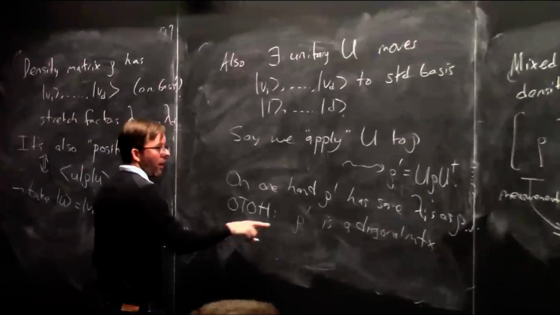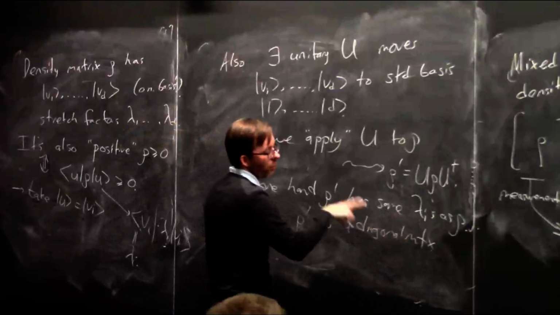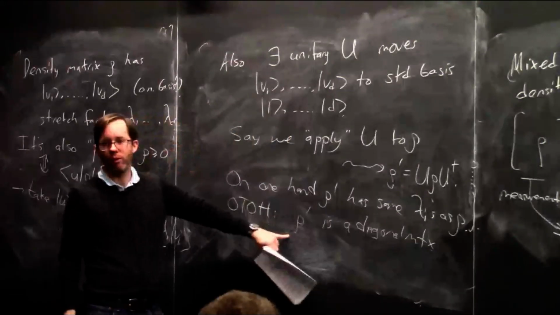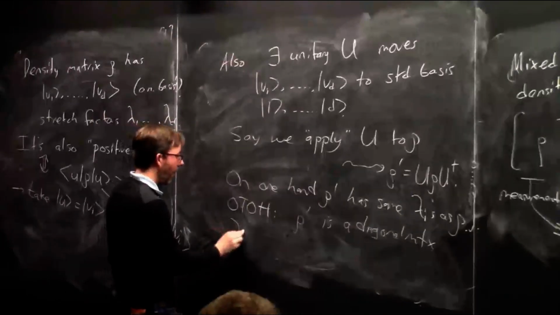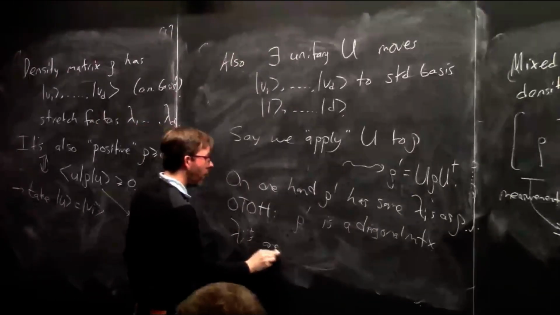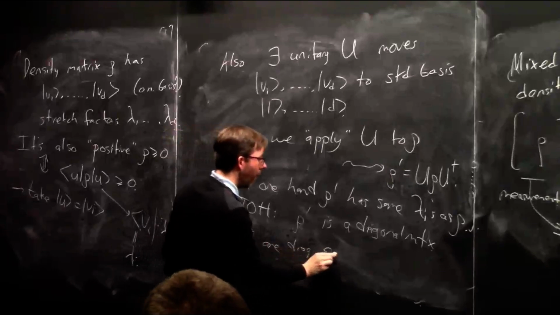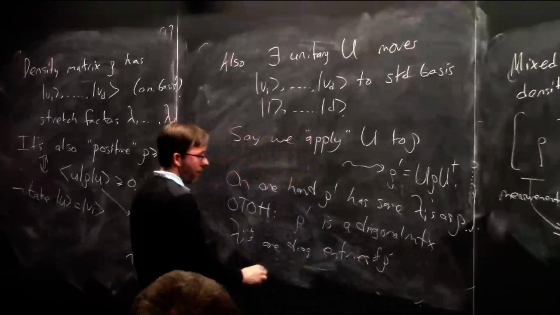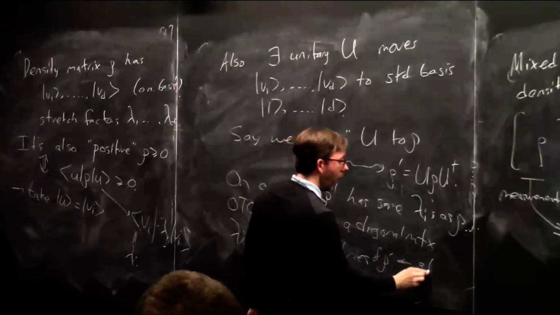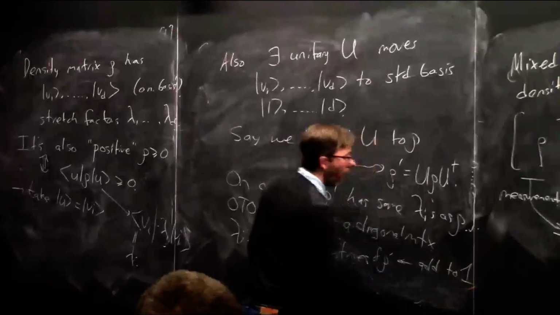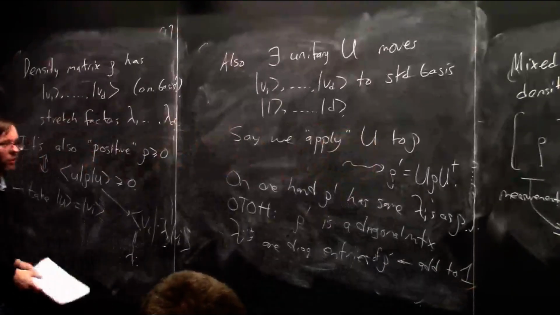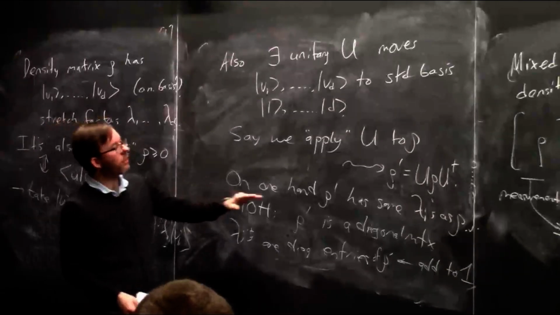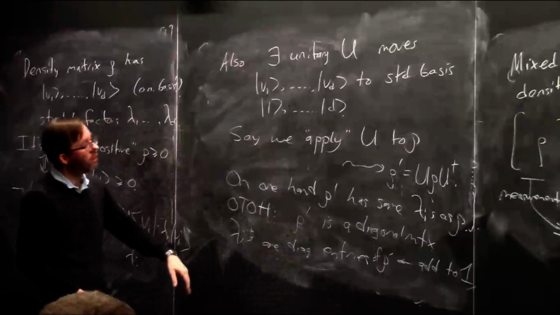So the eigenvalues, the lambda_i's for rho prime, which are the same as those for rho, are just the diagonal entries of rho prime. And rho prime is a density matrix, so they add up to 1. OK, which is a short proof of another property of the eigenvalues of a density matrix rho. They add up to 1.